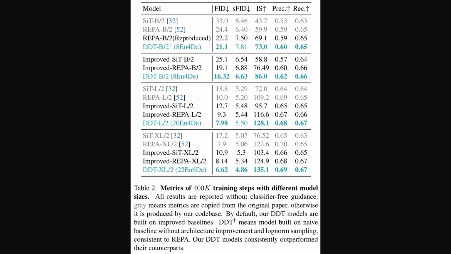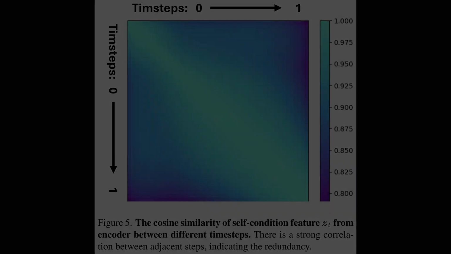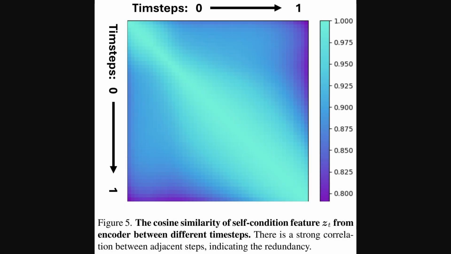Across all model sizes, the decoupled diffusion transformer models consistently show better Fréchet inception distance and higher inception score, precision, and recall values than their counterparts. For instance, the DDT-XL/2 model achieves a Fréchet inception distance of 6.62 and an inception score of 135.1, outperforming the improved RIPA-XL/2.